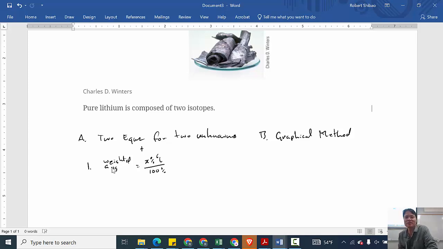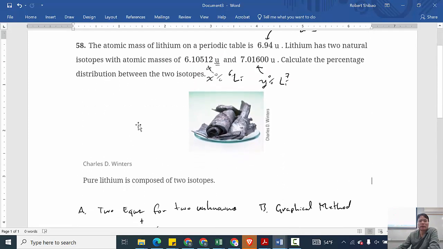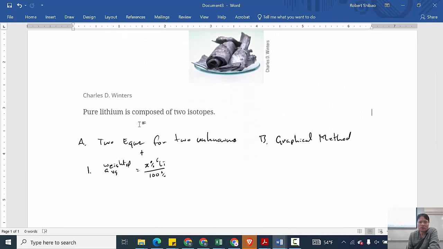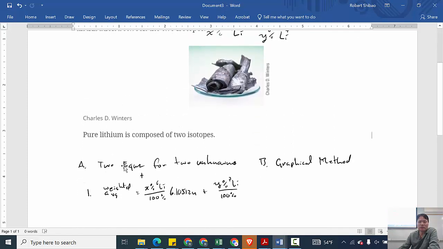The percents cancel out, and we get the fractional abundance of lithium-6 times the mass of lithium-6, 6.10512 U, plus the fractional abundance of lithium-7, which I'll call Y percent lithium-7 divided by 100%, because I want to convert it back into the fraction. And so the percents cancel. That gives me the fractional abundance of that, times 7.01600 U.